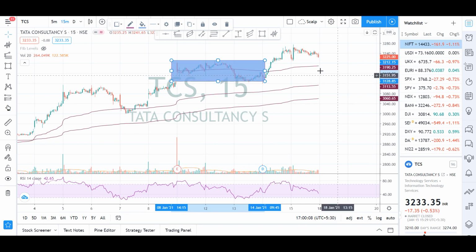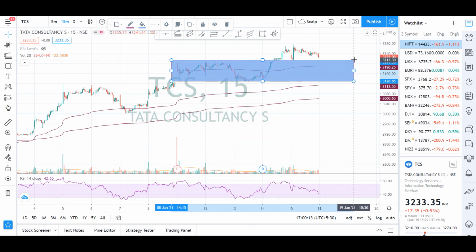Once this consolidation zone is broken and gone, this same zone is actually taking a support, and then it is moving up. So we will not short below this point, and we will not buy below this point. We will wait for the breakouts.